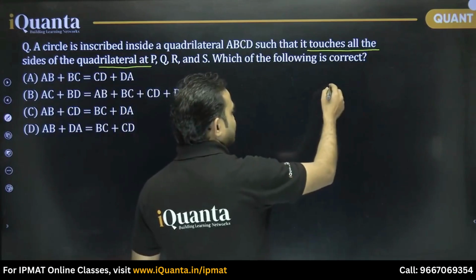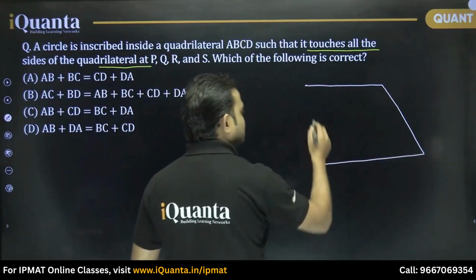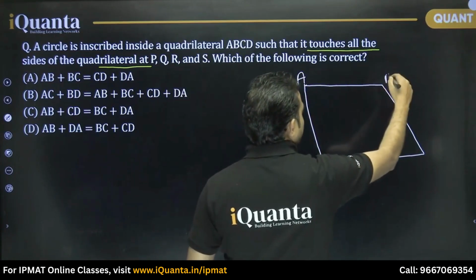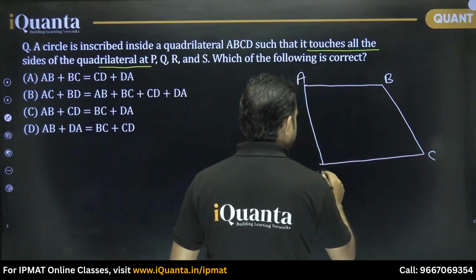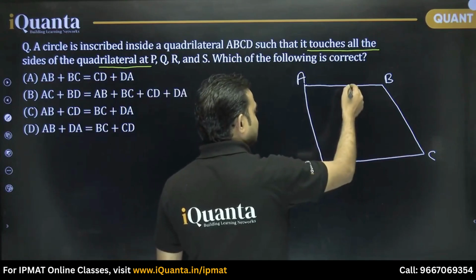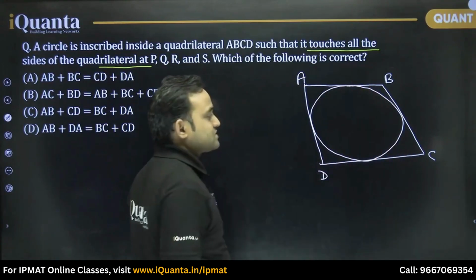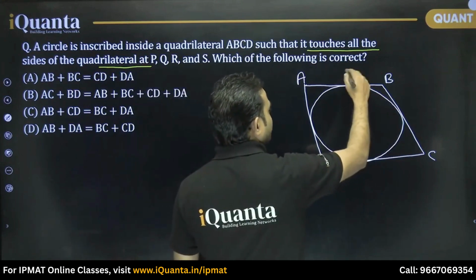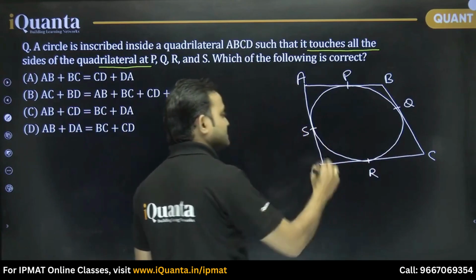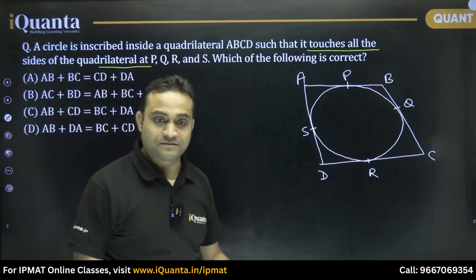So, there is a quadrilateral, let's say something like this with vertices A, B, C, and D. There is a circle inside this quadrilateral which touches all the four sides at P, Q, R, and S. So we need to find which of these given statements are correct.